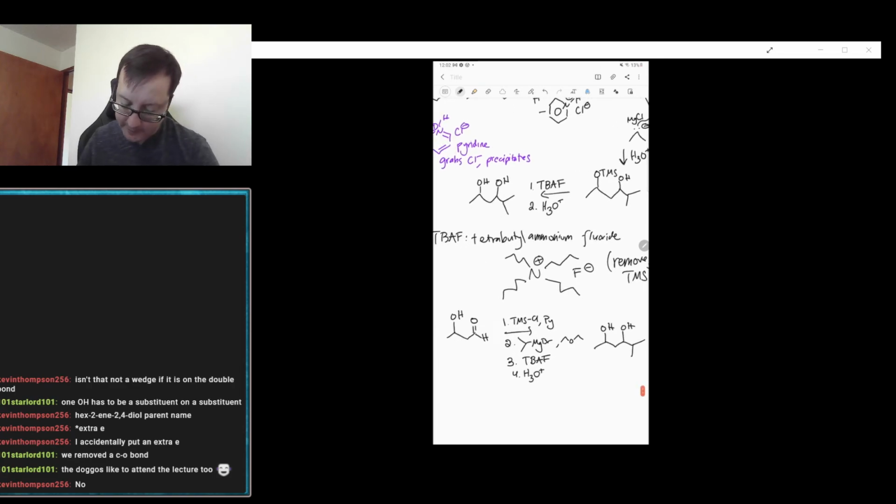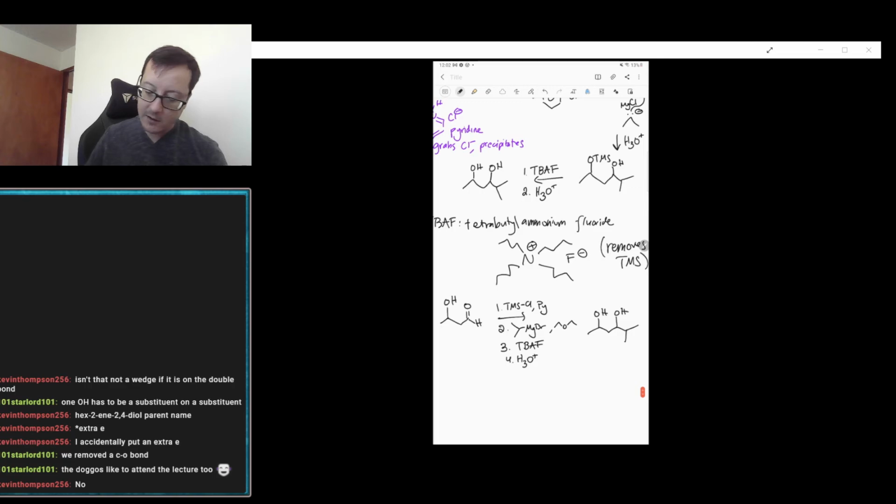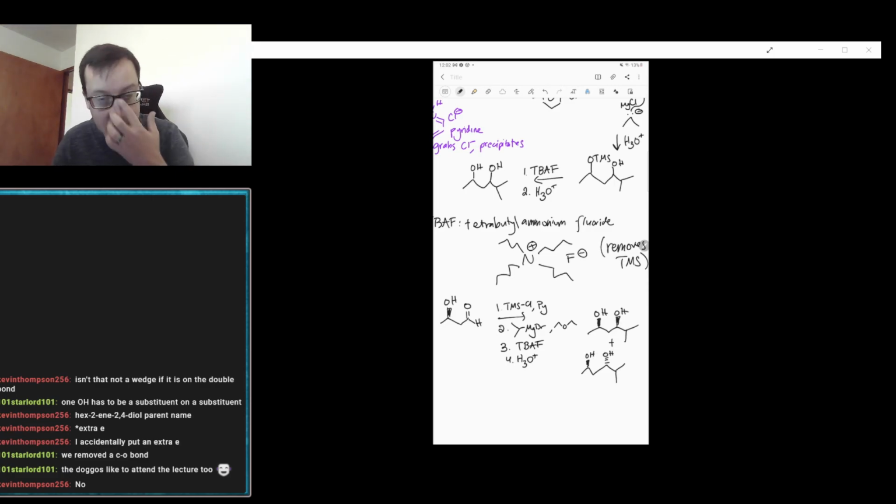And then there's all the stereochemistry that I didn't include there. You technically have both enantiomers, but the original one stays the way it was.